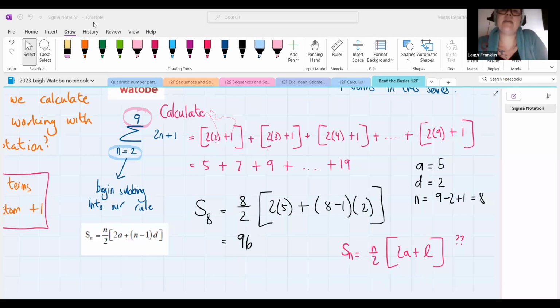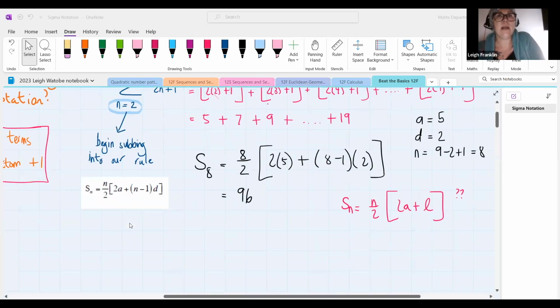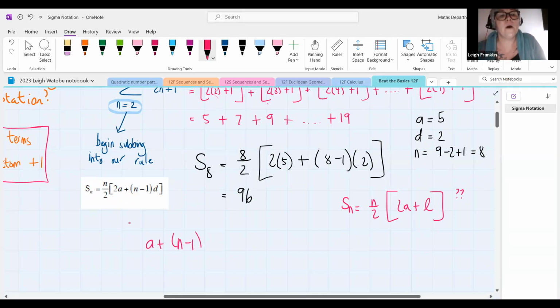That being said, you shouldn't ever need to use that formula. There would never be a situation in a matric exam where you could only use that formula and not the other one. Where it comes from is A plus (n minus 1) times d, which is the nth term.